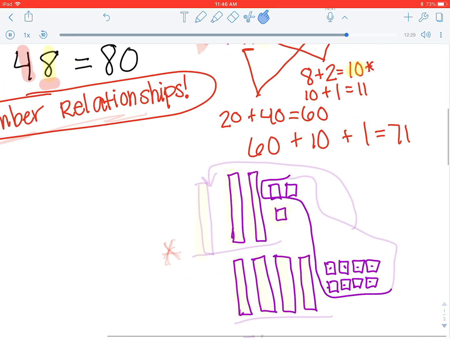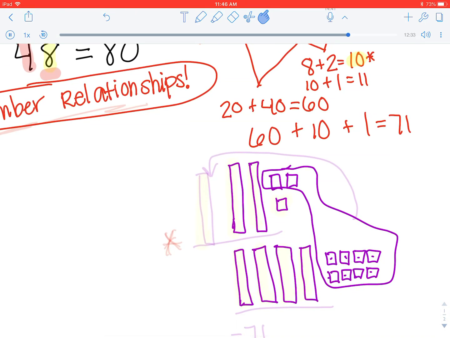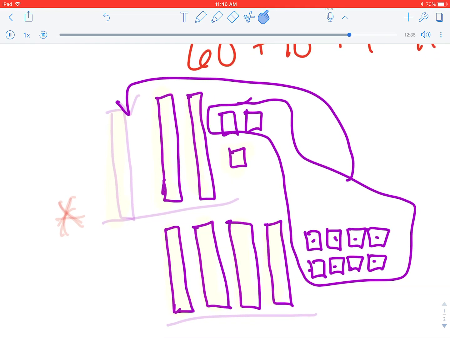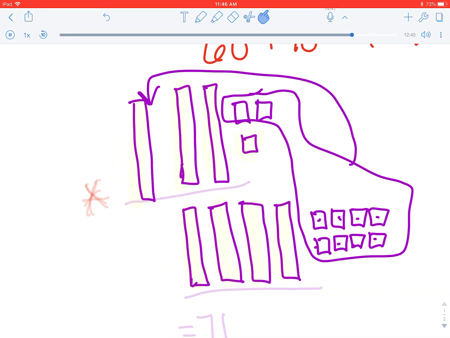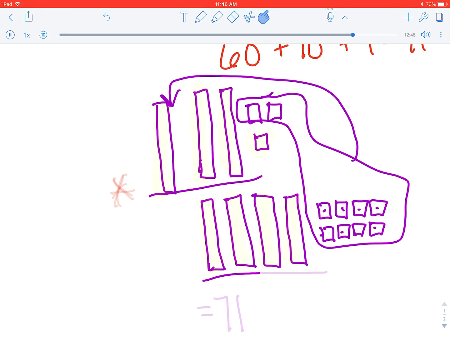So they would say, oh, look, 8 and 2 is 10. So then that will turn into a 10 stick and come over here. Now I can add my 30 and my 40, and then not forgetting that I have one more left over.